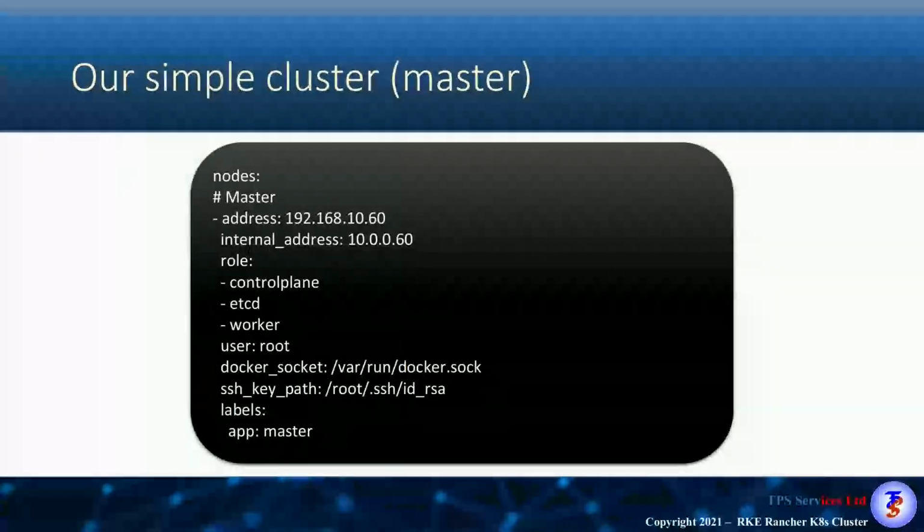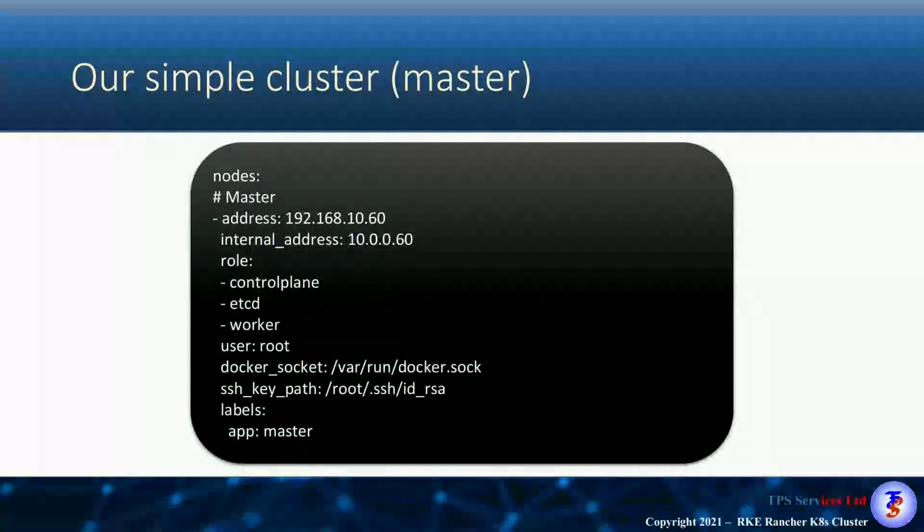So this is the master piece. And what we can see here, we've got two addresses. As we mentioned in the diagram, I've got my internal address of 10.0.0.60. That's the one that the internode Kubernetes communications for our Docker containers will use when they need to communicate internally.